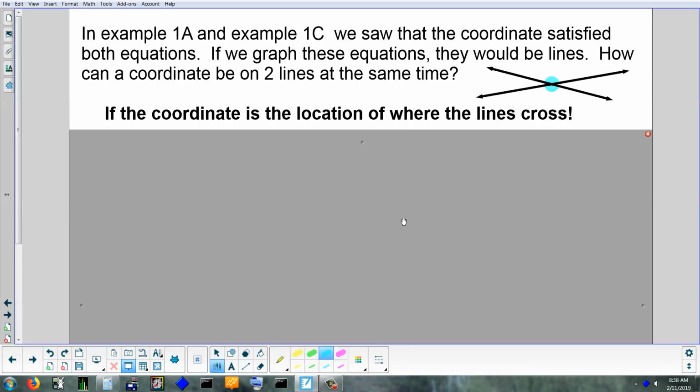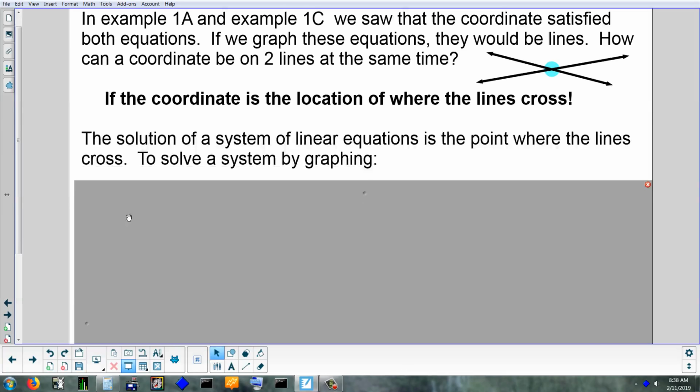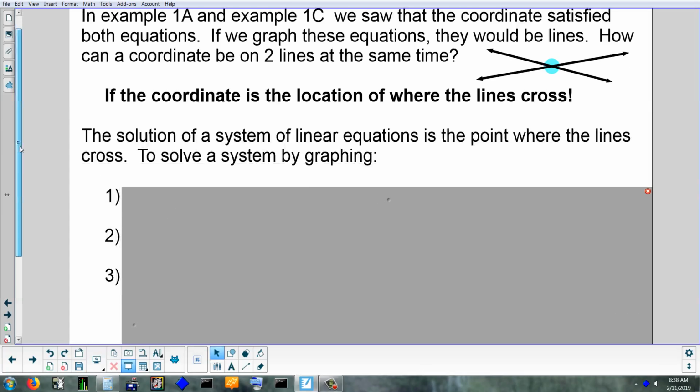what we just did before was we gave you the coordinate. We gave it to you, plug it in, see if it's a solution or not. Now we're going to have to graph the two lines, figure out what the coordinate is, and then check and see if it works. In terms of solving systems, guys, graphing is probably the worst way to do it because it's the most time consuming.